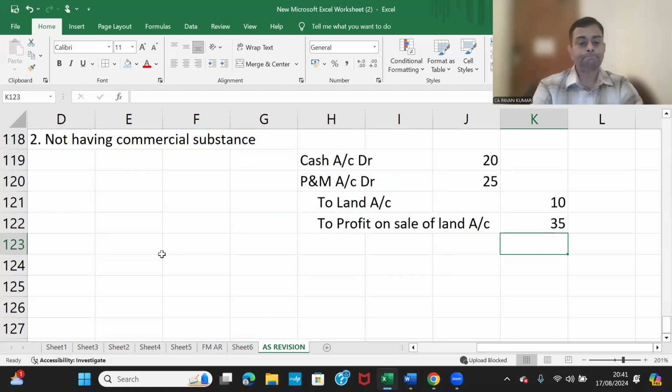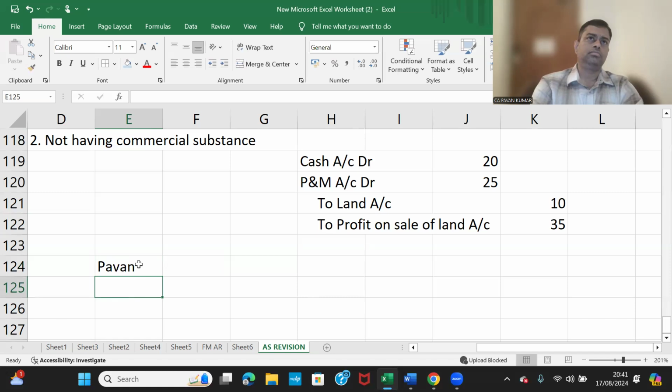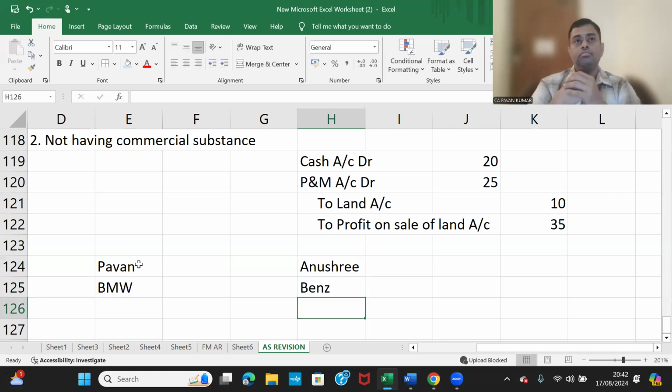Now imagine Pavan has a car, a BMW. And Anushri has a Benz, Merc, they call it.